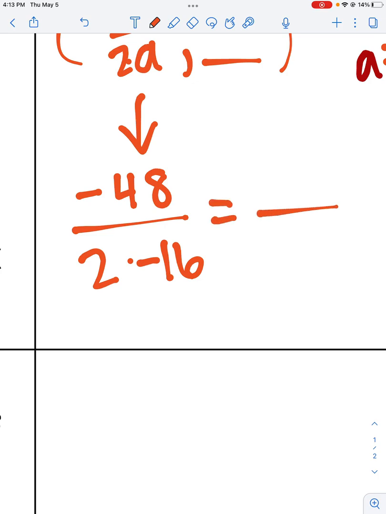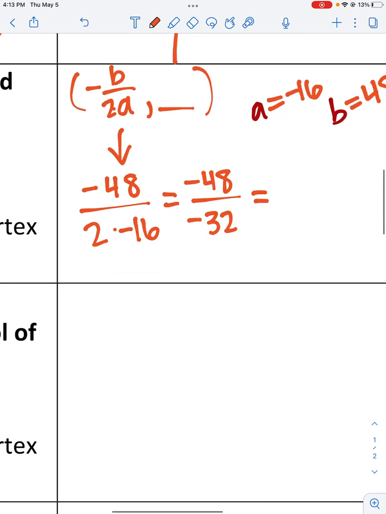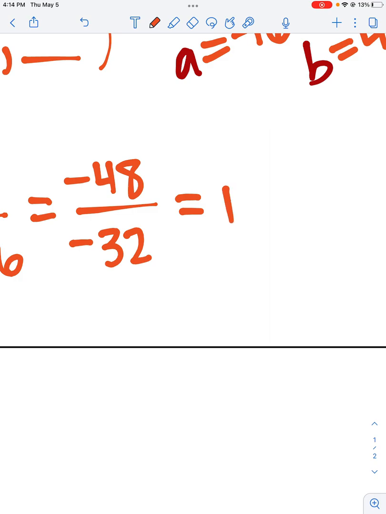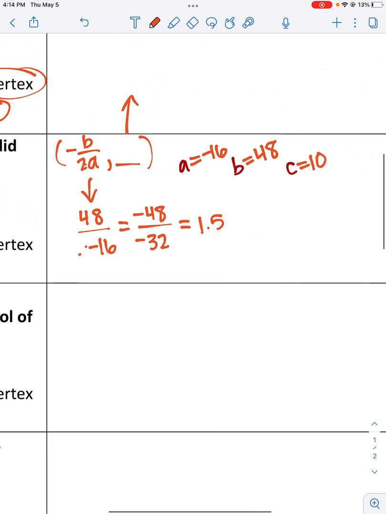And then by PEMDAS, I need to get the entire denominator down to one number first. So this is negative 32 under negative 48. And then I divide 48 by 32. Because I have negative over negative, I know my answer is going to be positive, and it's a positive 1.5.